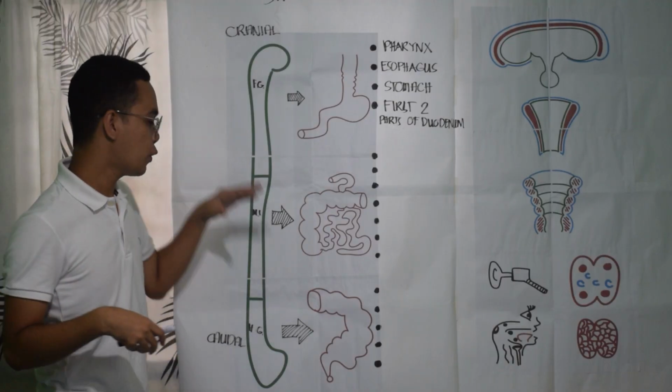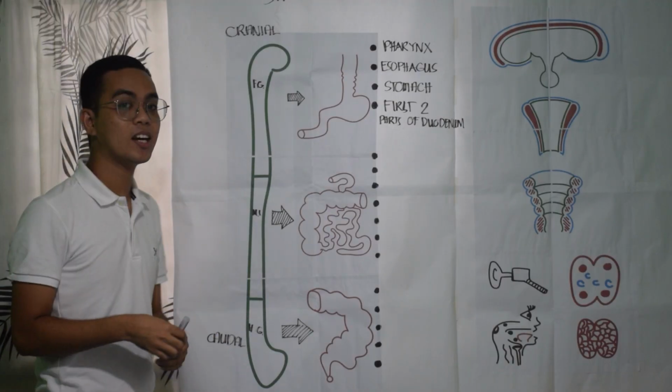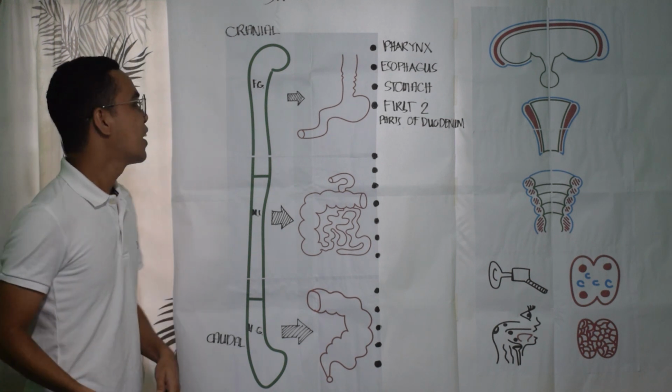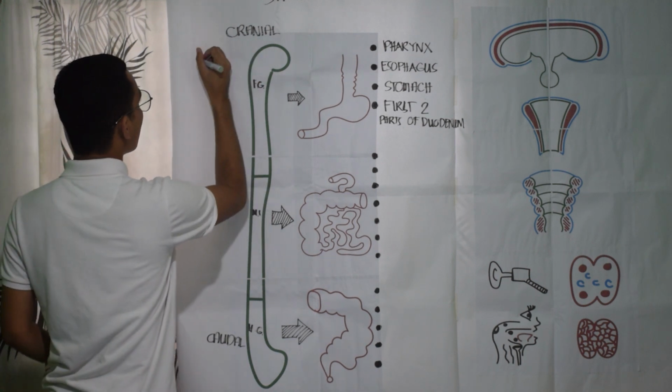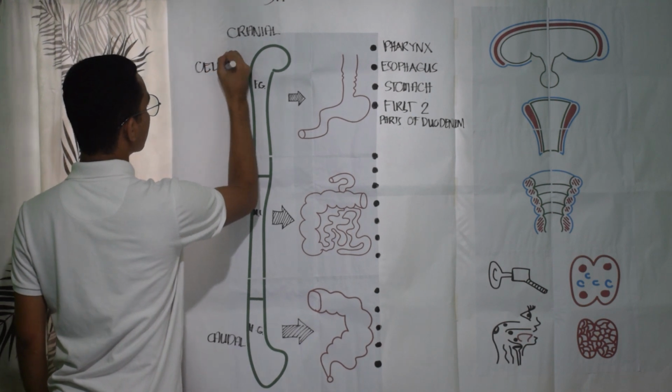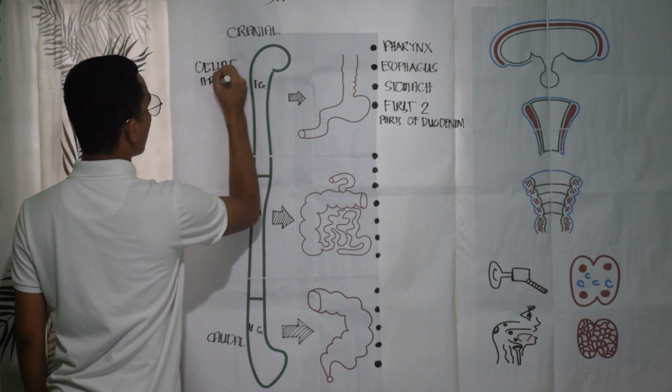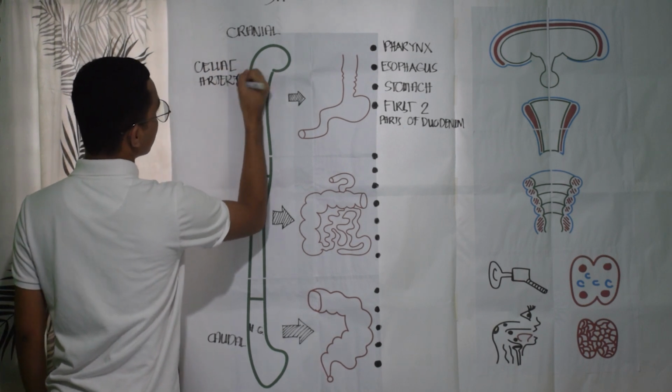The division of the foregut, midgut, and hindgut is based on the arterial supply they get. The celiac artery provides blood for your what? Your foregut.